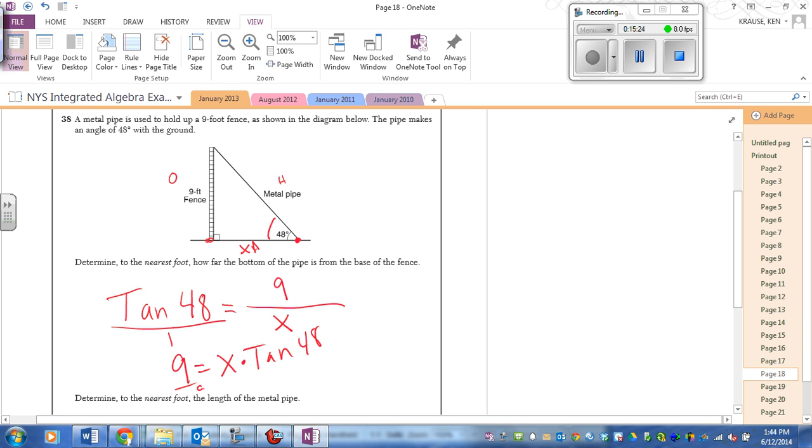Oops, I screwed that up. We should be dividing by tangent 48. So 9 divided by tangent 48, and I get x equals 7.499, to the nearest foot, x equals 7 feet.